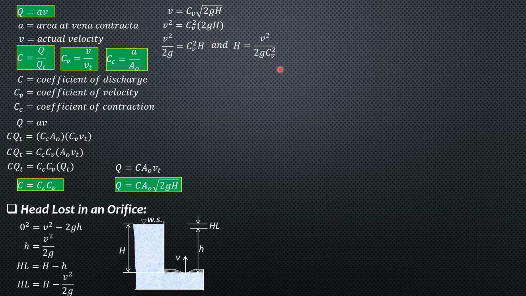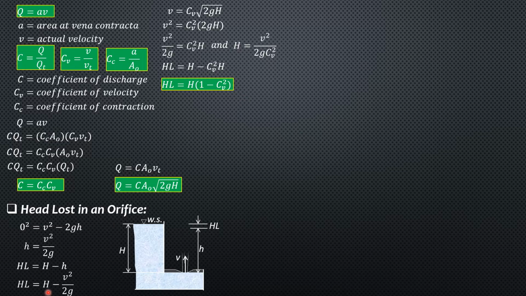So replacing v square over 2g, the actual velocity head here, by this equivalent formula, head loss is H minus C sub V square big H. So the formula for head loss, which is more compact than the other formula, is equal to head times quantity 1 minus C sub V square.